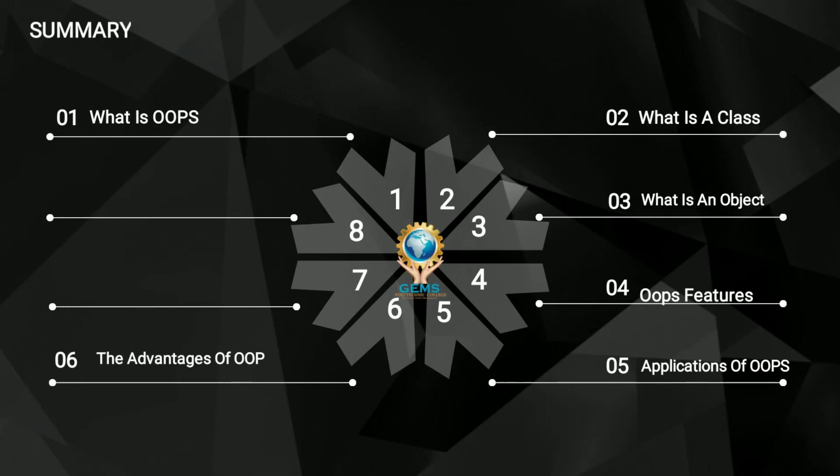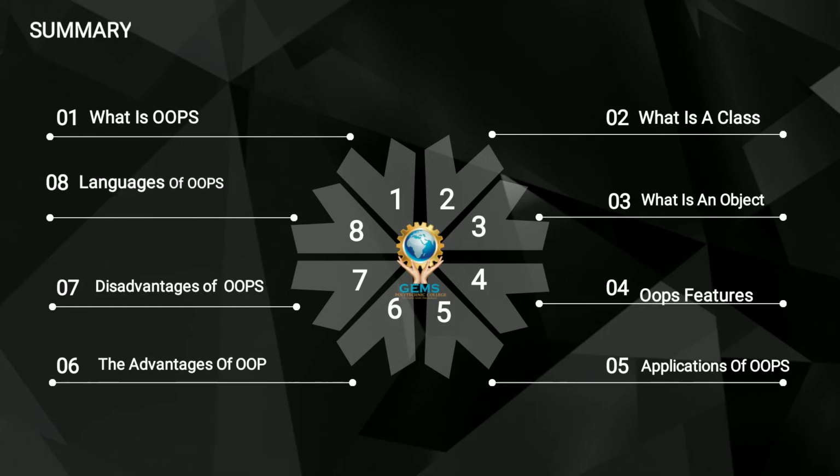Then we have seen the advantages of OOP. Then we went through the disadvantages of OOPS. Finally, we have seen languages of OOPS. So these are the topics I covered in this video lecture.